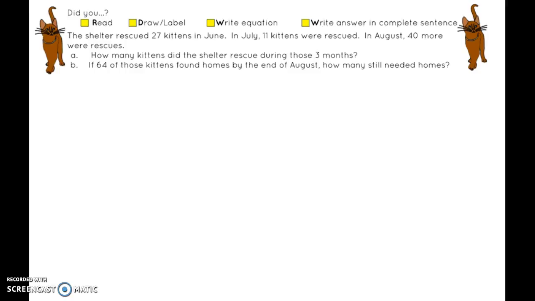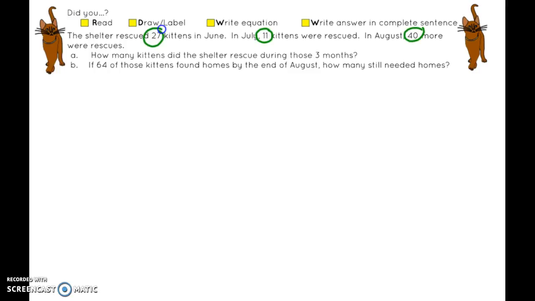Now we need to go back to our problem after we've read through it and visualized it. And we need to find our numbers that we're going to be working with. So I noticed that there's the number 27, the number 11, number 40. Problem A, how many kittens did the shelter rescue during those 3 months?